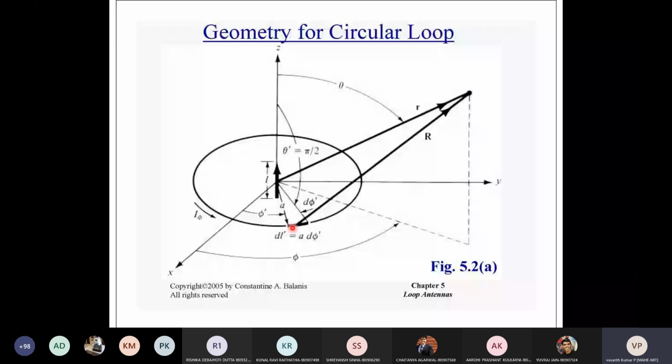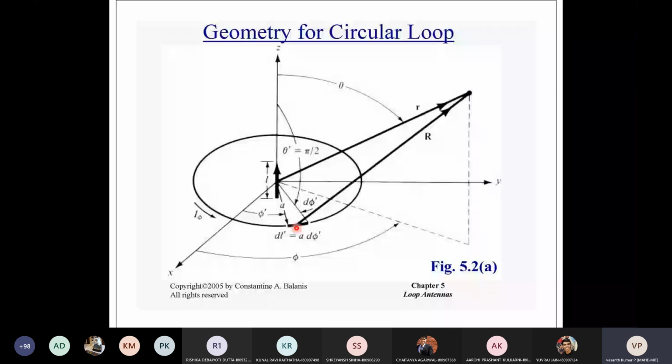So you know what r, theta and phi are. Small r is the point of observation, whose coordinates are r, theta and phi.